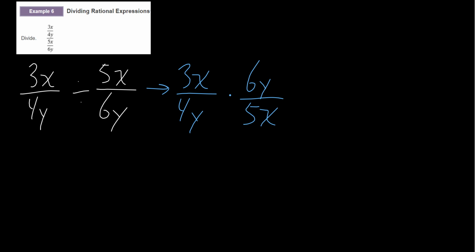Then from here it looks like we can cancel the y's, and cancel the x's. That's easy. This turns into a 3, this turns to a 2, and it just becomes simply 9/10. Okay, that easy.